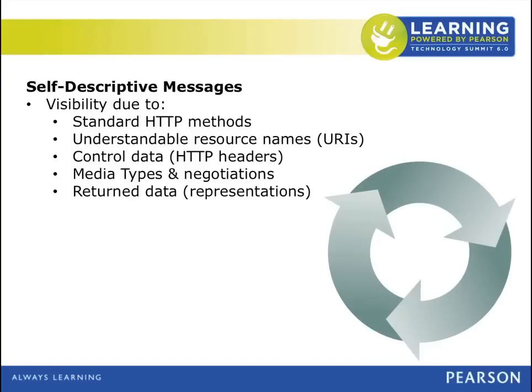So understandable resource names, in other words, are URLs to describe the hierarchy of our data. Control data for HTTP headers for caching and links and that kind of thing. Media types and negotiations.